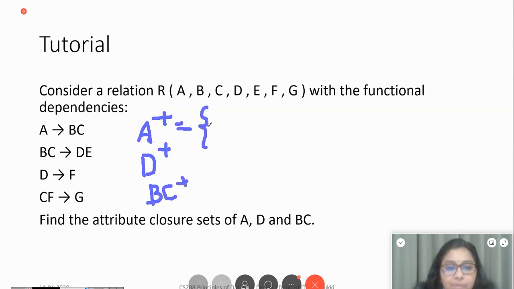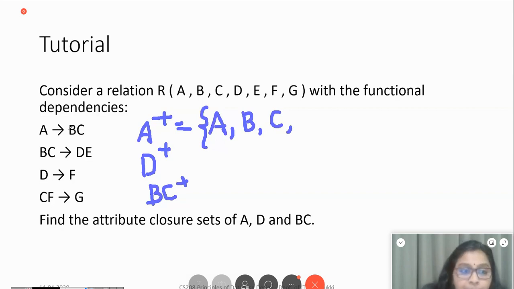So attribute closure of A definitely has A, and then you see whether there is any FD which has A on the left hand side. Yes, we have this first FD. So the right hand side, B and C, will form members of this attribute closure of A. Then B and C on the left side: yes, I have got this second FD which has B and C on the left hand side. So the right hand side D, E also are members.